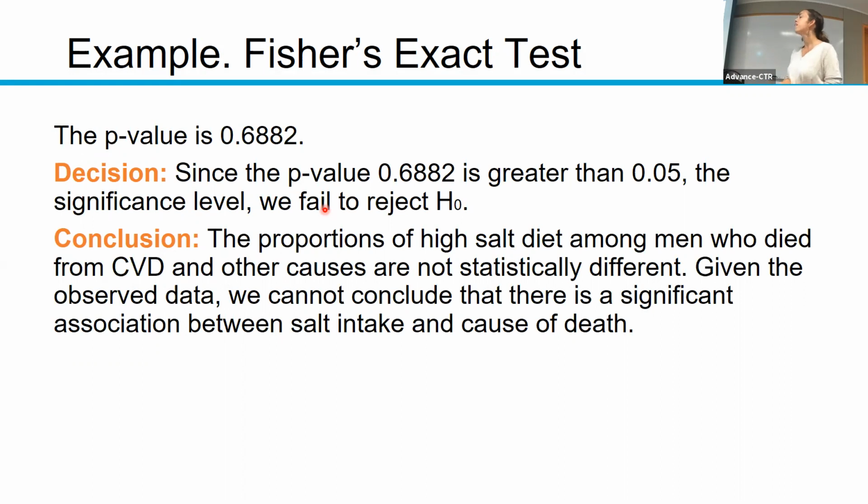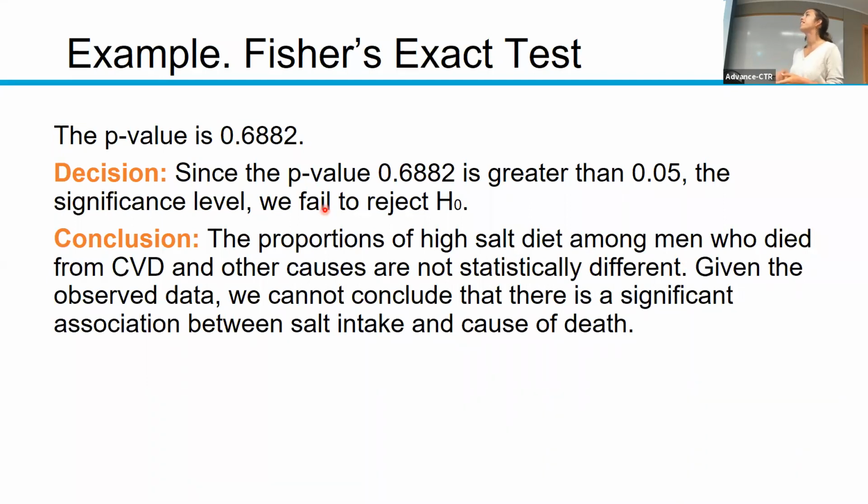So since the p-value is greater than the significance level we have set, which is just 0.05 for this example, we're going to fail to reject the null. What this means is that the proportions of a high salt diet among the cases who died from CVD and the controls who died from other causes are not statistically different.